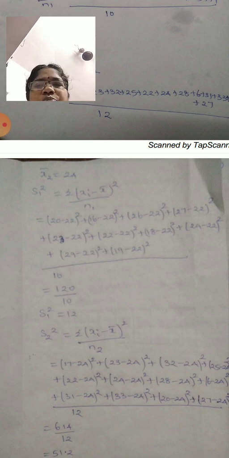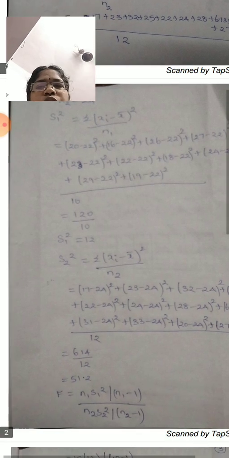Simplifying, the numerator is 120 divided by the denominator 10, therefore S1 squared equal to 12.